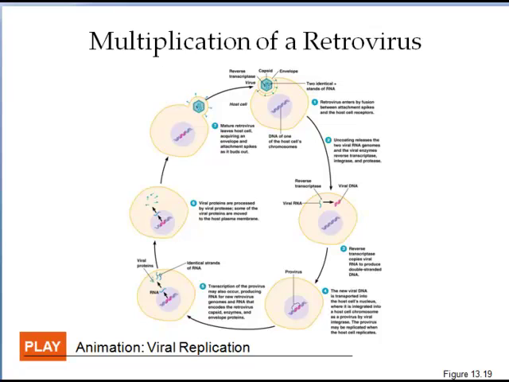A retrovirus is a virus that actually transforms. Once a retrovirus enters a host cell, it is an RNA virus, and it incorporates to form a DNA. That viral DNA then becomes a part of the host cell.